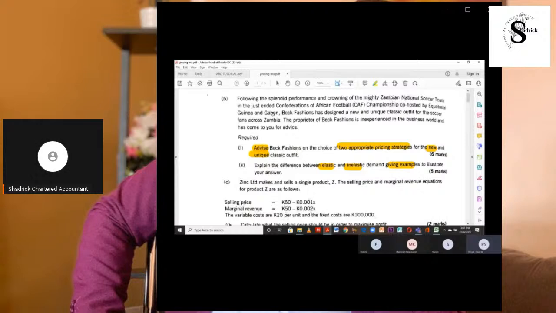Becky Fashions are designed. Look at that one. They are designed. Even if the examiner did not tell you that it was new and unique, you should have known that they have designed it on their own.